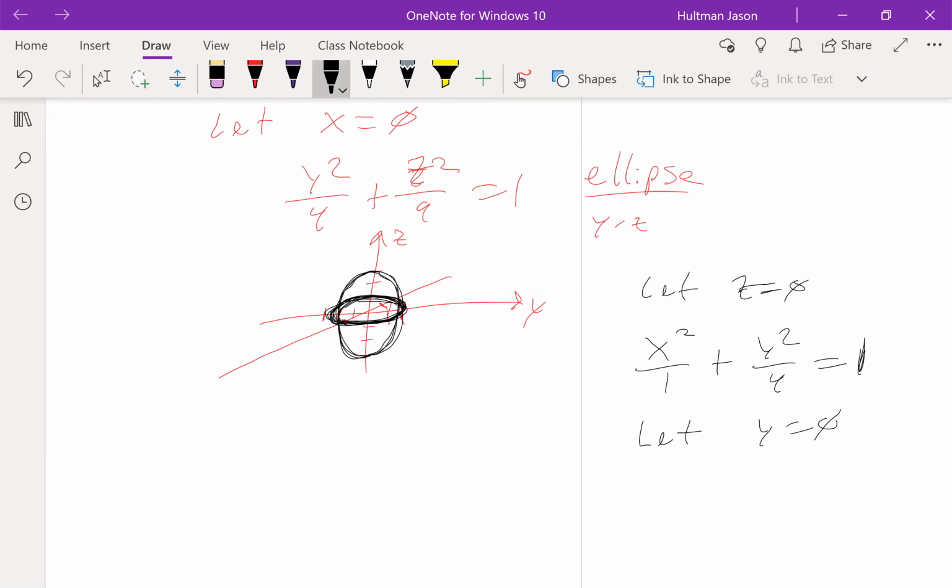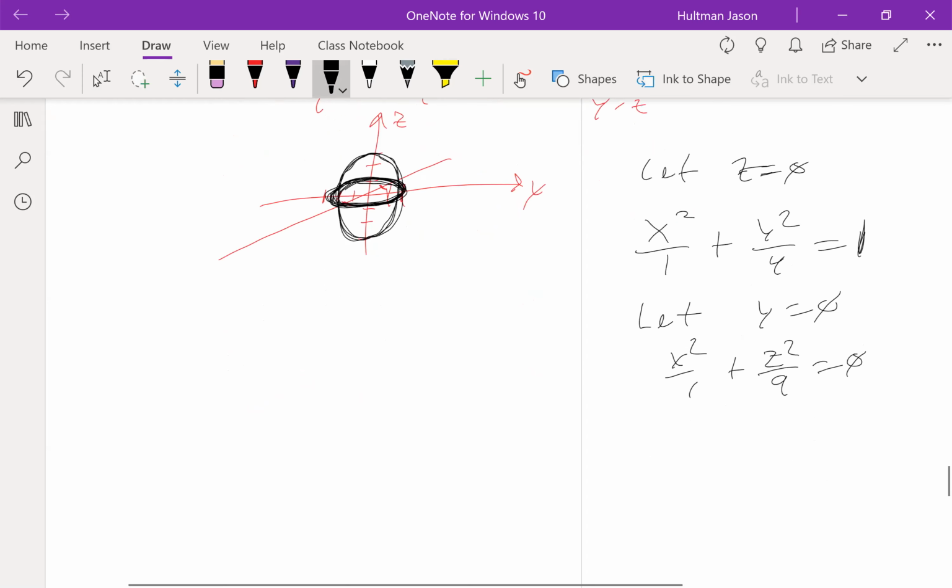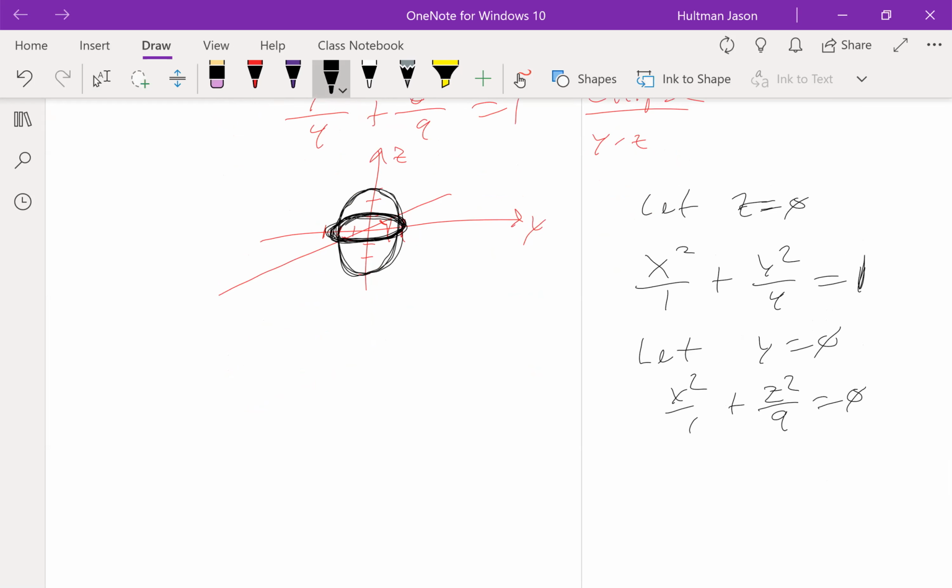Okay. And so now let's let y equal 0. Okay, so if y equals 0, then we get x squared over 1 plus z squared over 9 is equal to 1. And so that tells me that this is a third ellipse in the zx direction. So in the zx direction, it's going to be 1 in the x's and 3 in the z's. So maybe I'll do this with another different color. Okay, purple maybe.